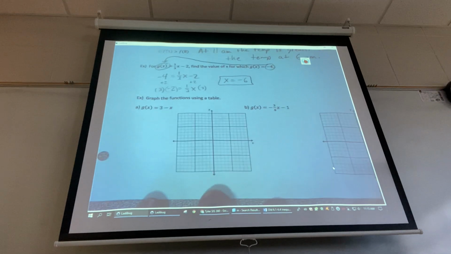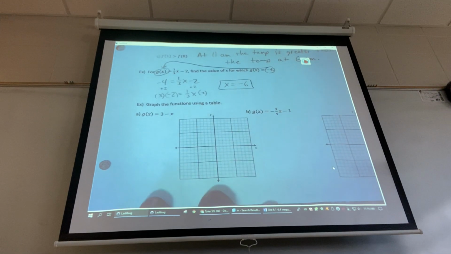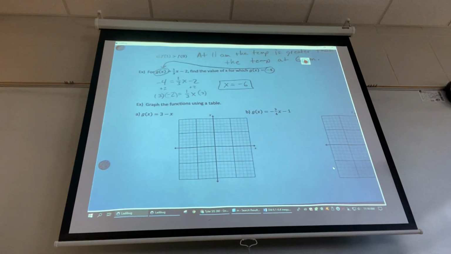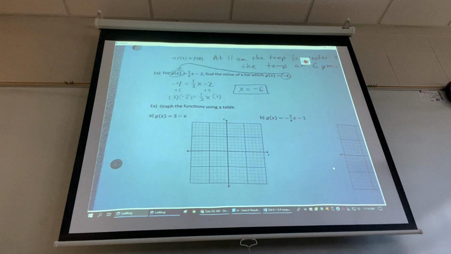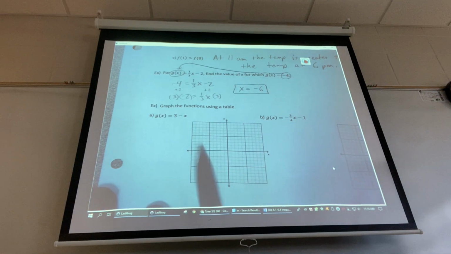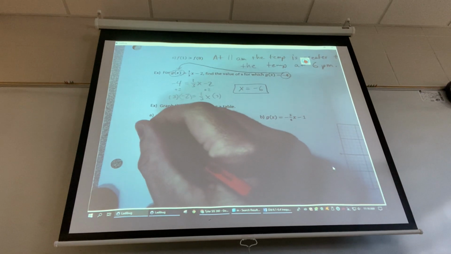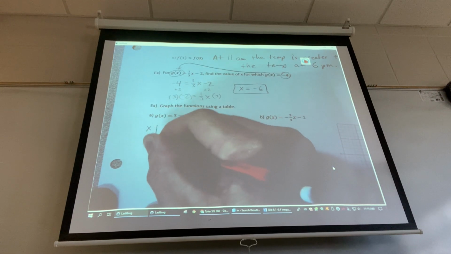All right, so next up, it says to graph the functions using a table. Well, we haven't done any graphing this year other than on number lines. I want to introduce graphing, and you guys probably have done this in the past, but if you're graphing something you've never graphed before, what you can do is make a table.